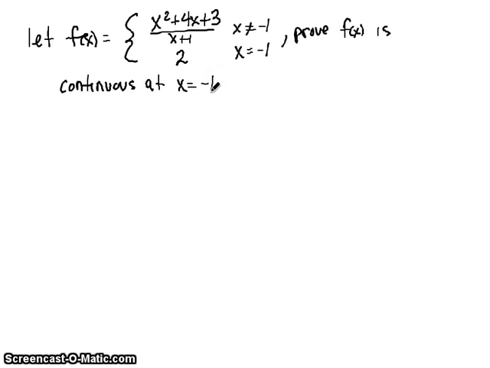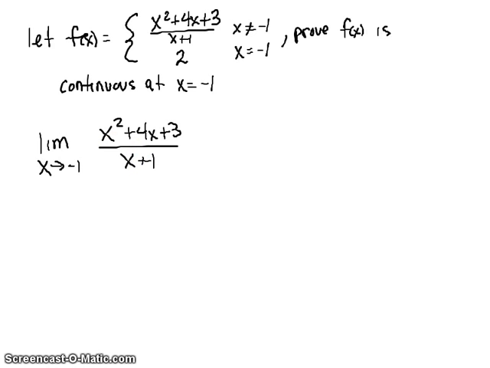So we need to think about our limit here. Does the limit exist? So if we think about the limit as x approaches negative 1 of (x squared plus 4x plus 3) over (x plus 1), we want to think about what's happening on the left-hand side and the right-hand side of negative 1.